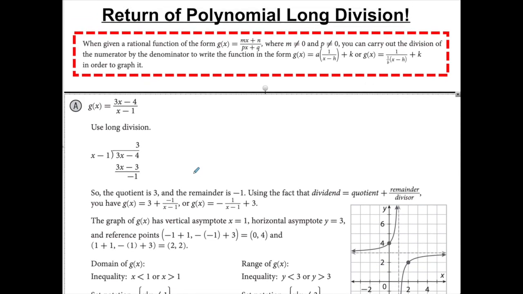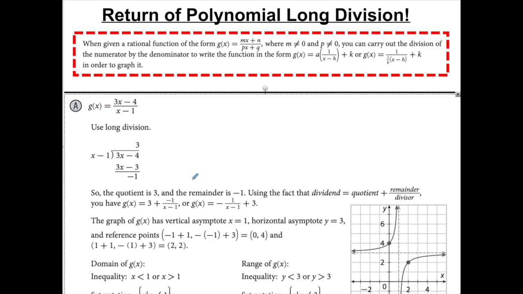All right. Next thing we need to talk about is what happens when we are not actually given something in one of these forms. The answer is we turn it into something in one of these forms. So what we're going to do is we're essentially going to use our long division to do that.